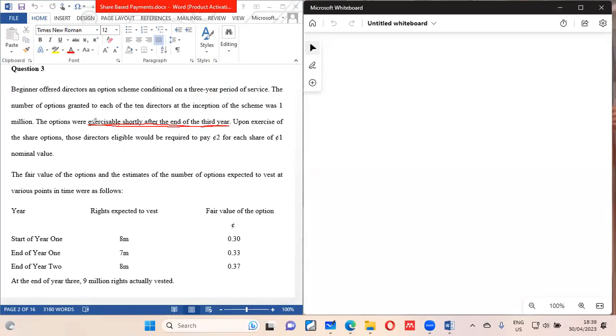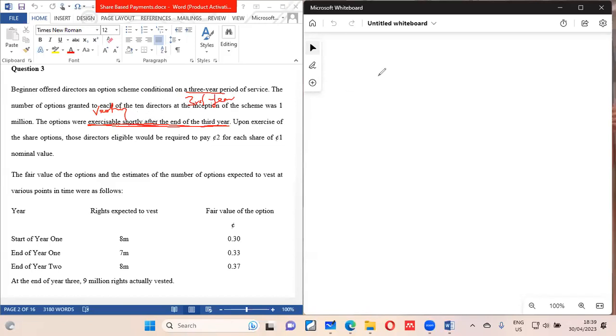So it means that the vesting date is the 3rd year, but they are exercising it shortly after the 3rd year.